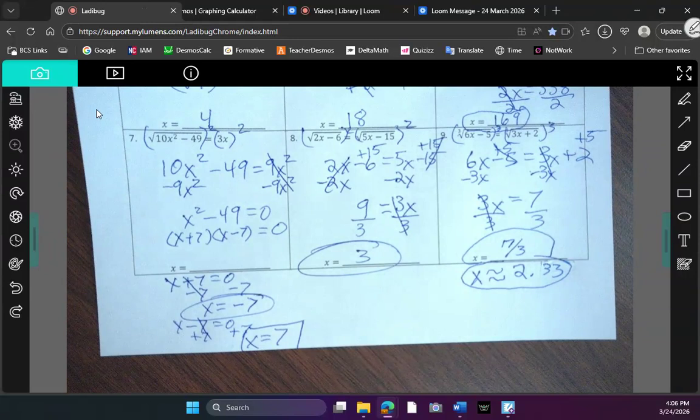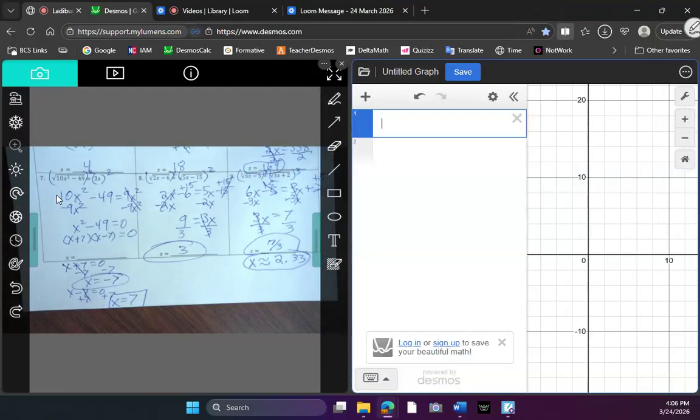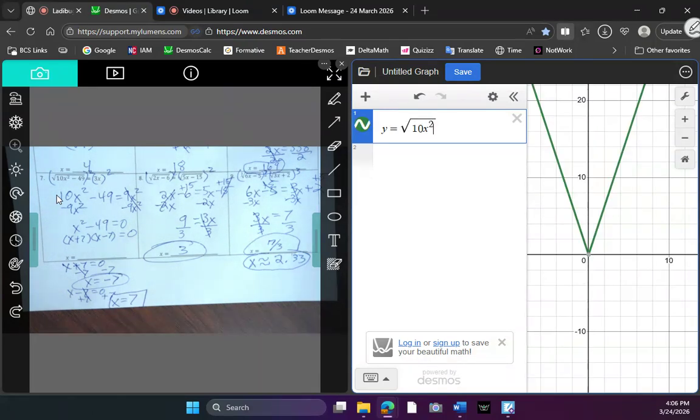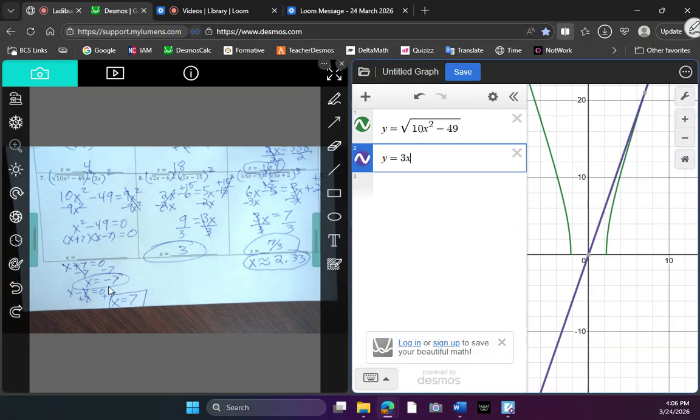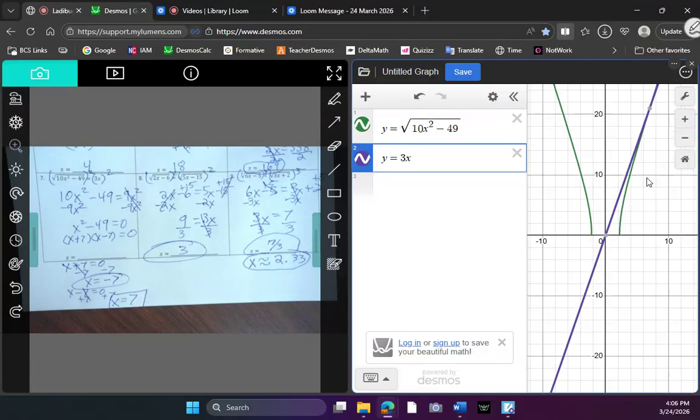So we have Desmos here. And what we can do is always do y equals the left side. It's at minus 49. And then we can have y equals the right side, which is 3x. Now look, we had two solutions here, -7 and positive 7.